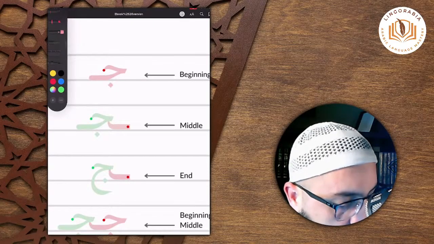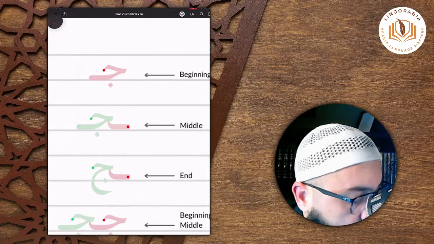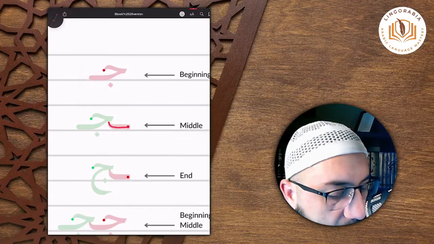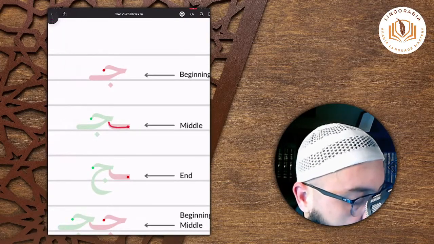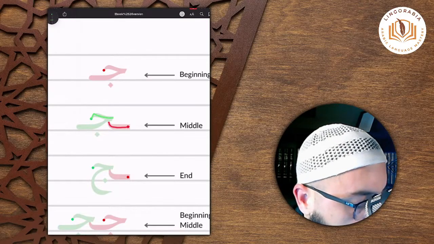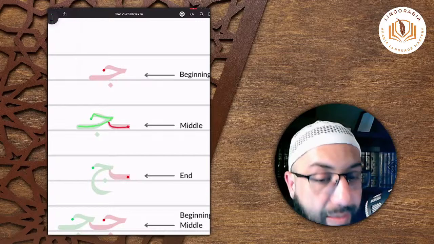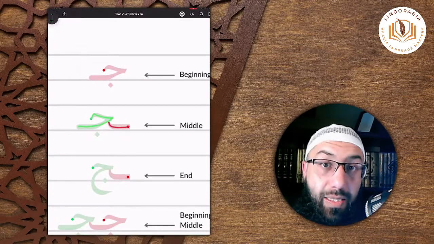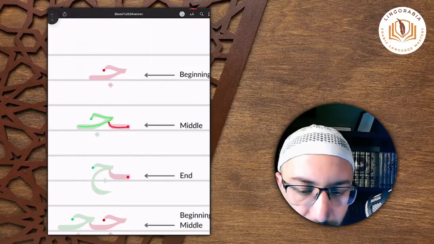Once you finish with the letter before the jim, you release the pen. Then you restart at the green dot. You go up, you go to the right, and you go to the left. When you go to the left, you connect it also. You make the line touch the other line of the other letter. This is how it is written.